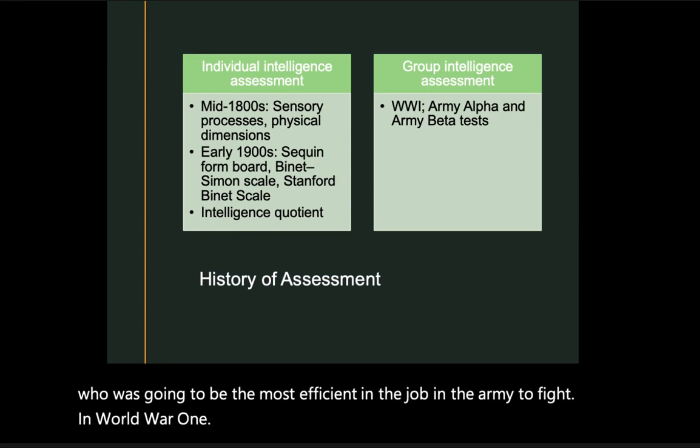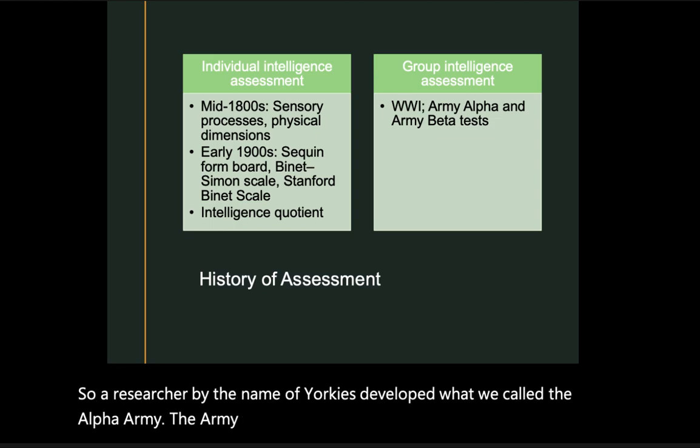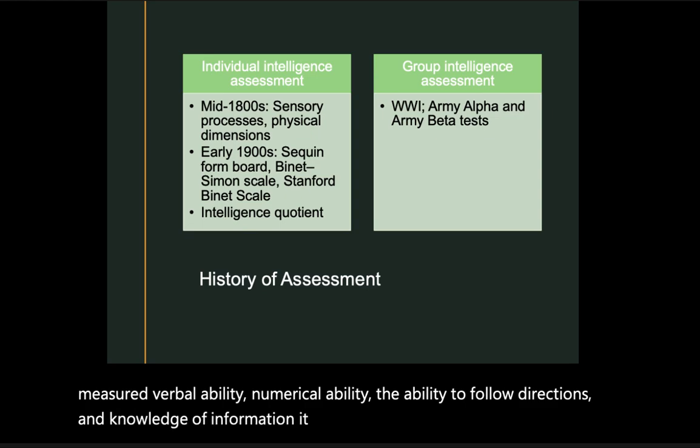So a researcher by the name of Yerkes developed what we called the Army Alpha and the Army Beta tests. The Army Alpha test measured verbal ability, numerical ability, the ability to follow directions, and knowledge of information. It is most similar to our current intelligence tests today.